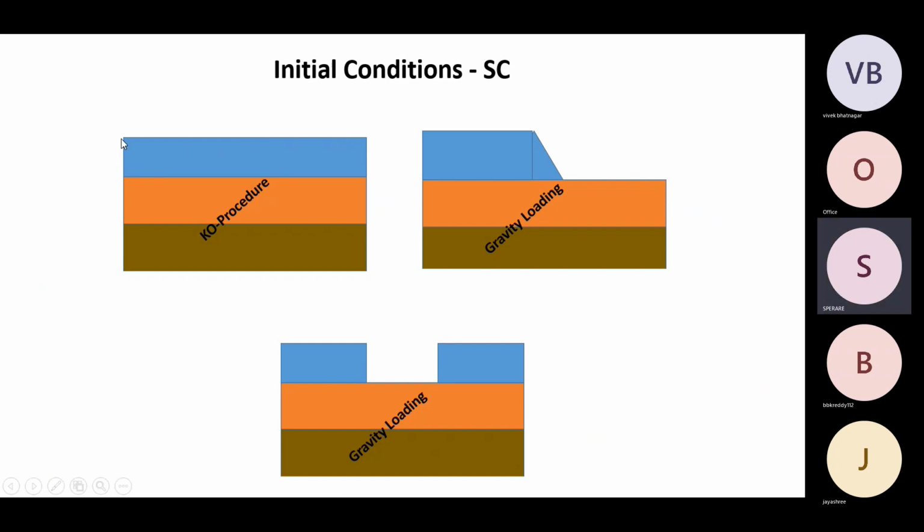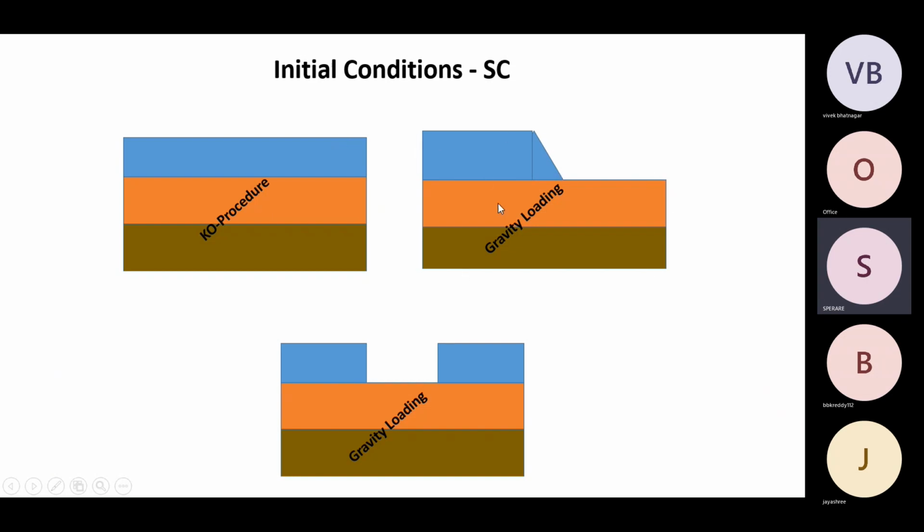But when you want to use gravity loading, the top layer of your surface, or the initial borehole information itself, is like this, and you want to start the analysis from this particular position.